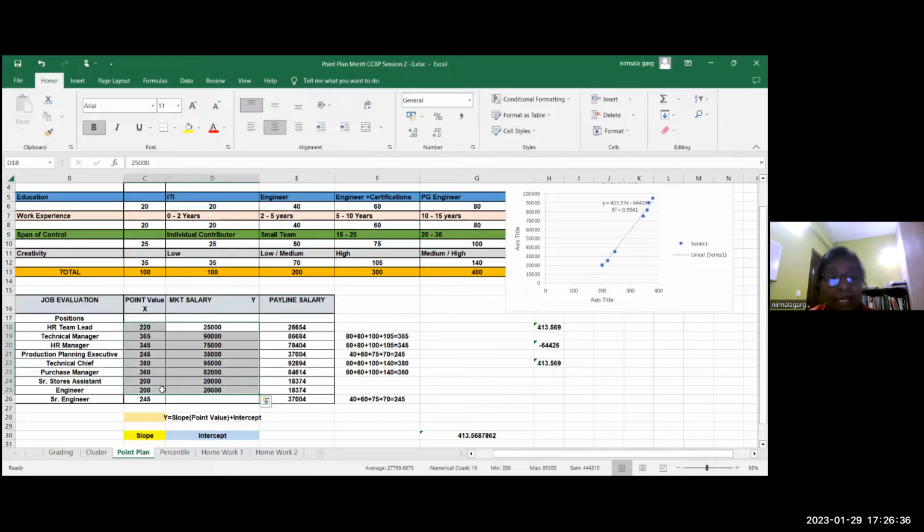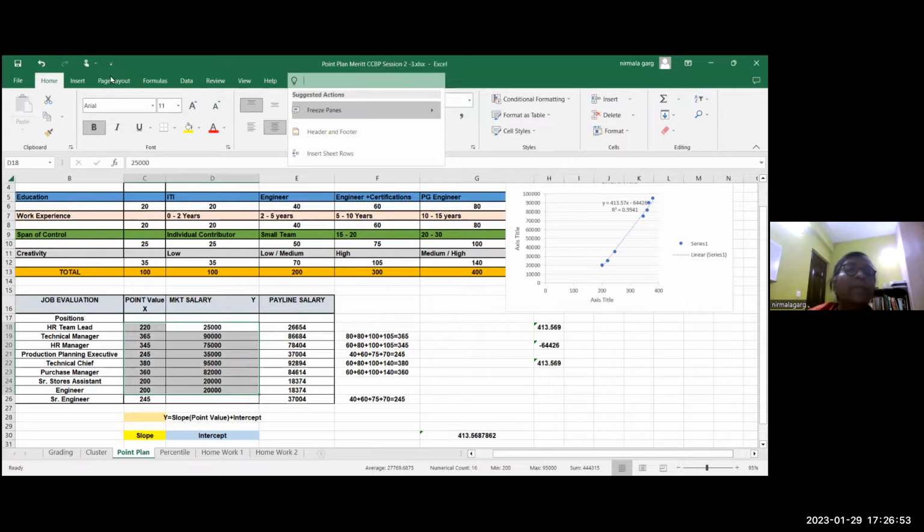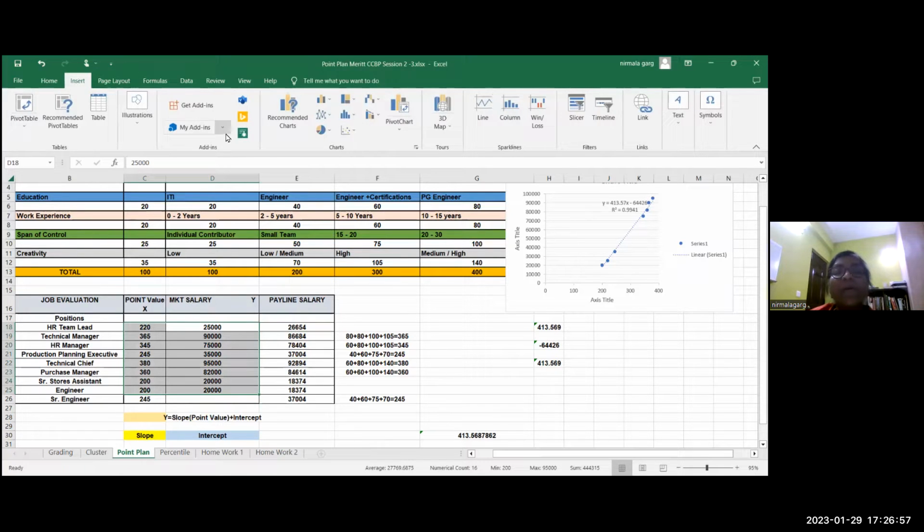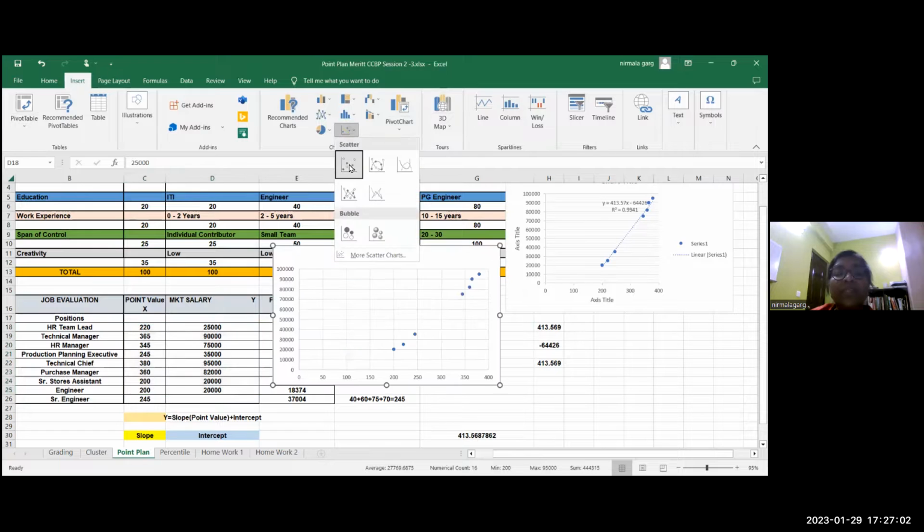So I selected data of X and Y. Then go to Insert, then chart and scatter.